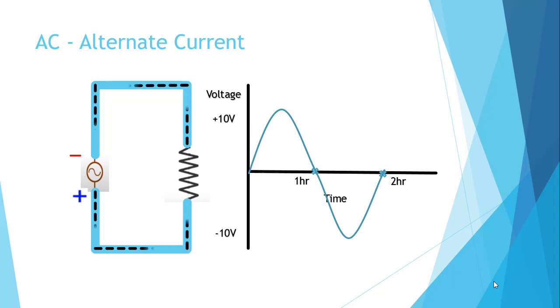That's the reason in the first cycle, the current rises in the positive direction till it reaches its positive peak, and then it starts decreasing. When the polarity reverses, the current rises in the negative direction till it reaches its negative peak, and then it starts decreasing.